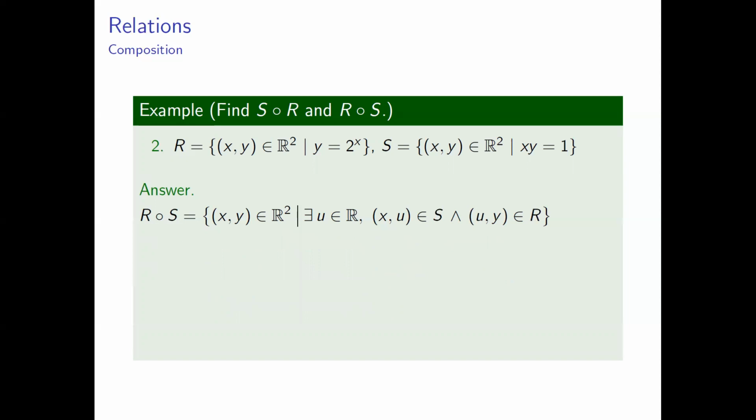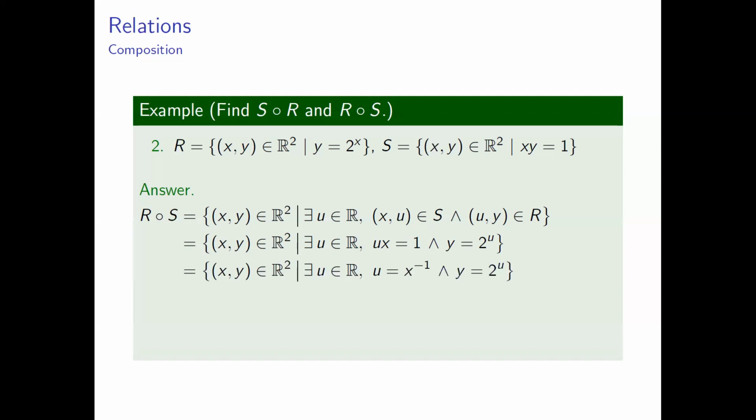On the other hand, RS consists of all ordered pairs xy of real numbers with the property that for some real number u, xu is an element of S, and uy is an element of R. That is, for some real number u, u times x equals 1, and y equals 2 raised to u.